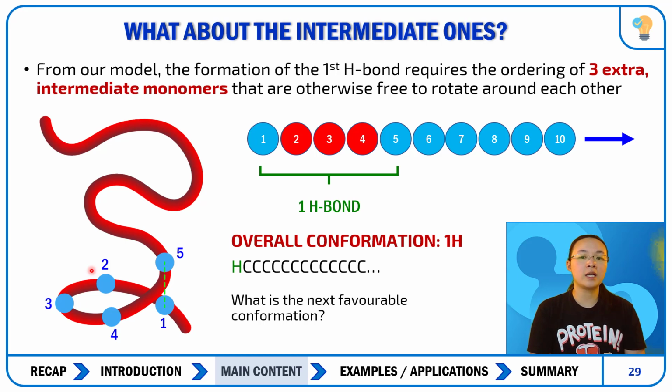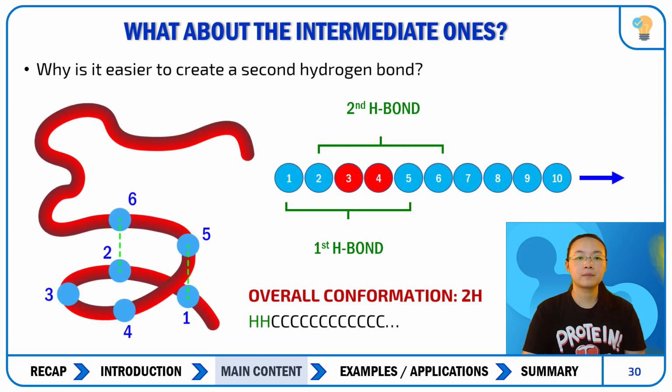Number 2 is already in a prime position for a hydrogen bond. So here I've drawn our 6th monomer and have connected it to monomer number 2 using a hydrogen bond. And we can now represent this protein sequence such that we have 2 monomers that are hydrogen bonded, and you have HH and then a whole bunch of C's afterwards.